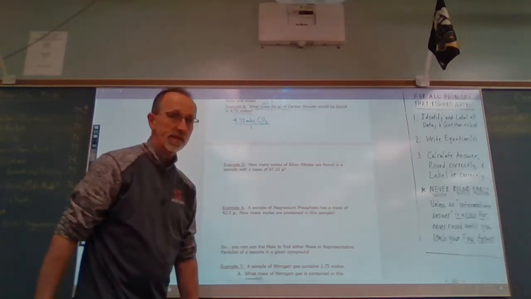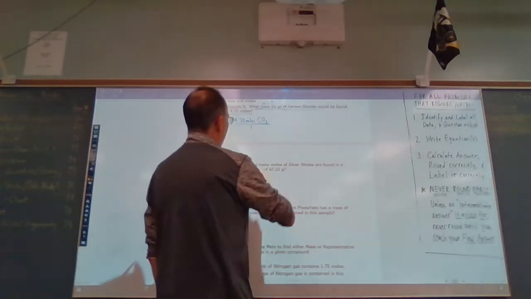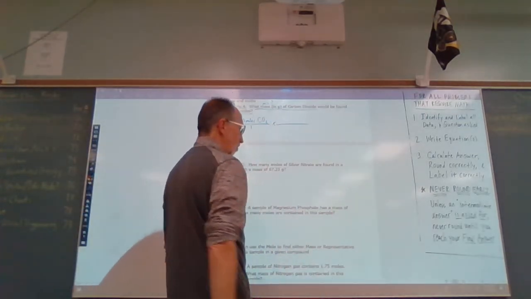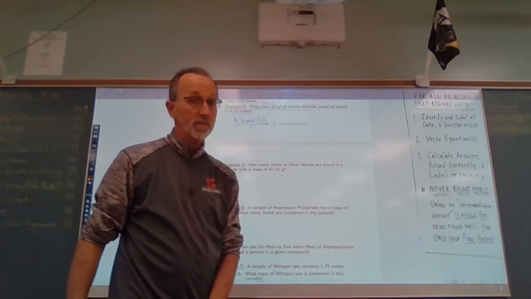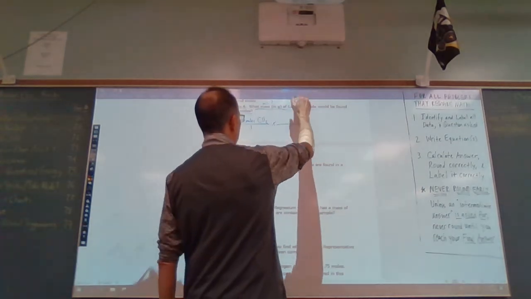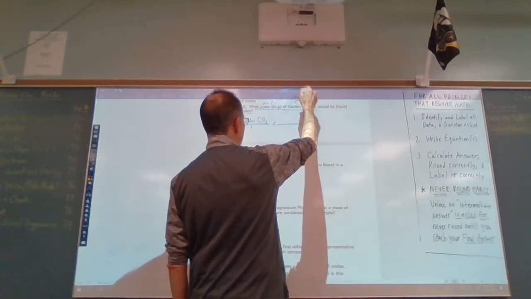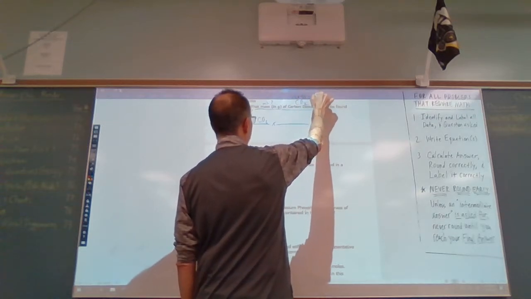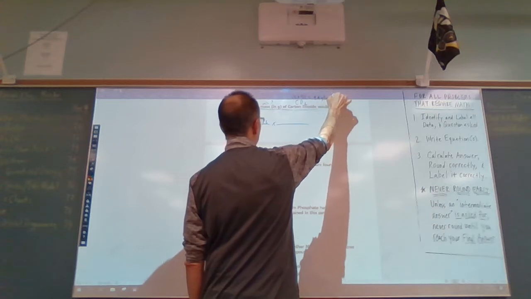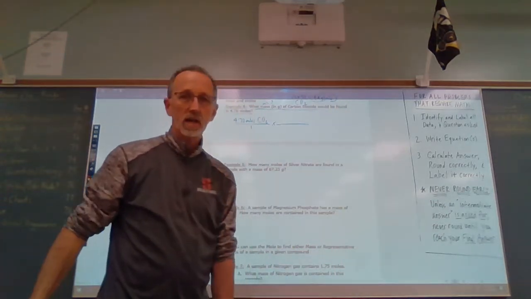Again, got to know your nomenclature, got to know your formula. Now we want to convert that to grams, so we're going to need molar mass for that. So we need to determine the molar mass of CO2. C is 12, and O2 would be 16 times 2, 32, 44 grams per mole. Make sure you show that.